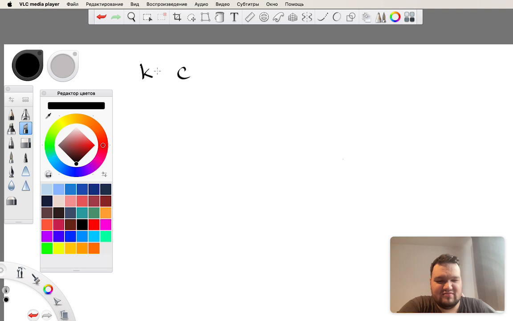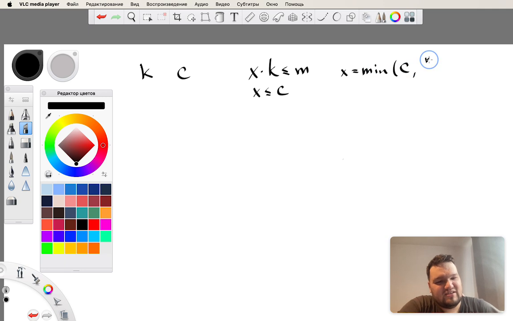How many will we take? Well, if we take x, then x times k should be at most m, but also x should be at most c. And under those conditions, we want x to be as big as possible. So, okay, we just take x equal to the minimum of c and m divided by k rounded down. Okay, cool. That's the easy case.